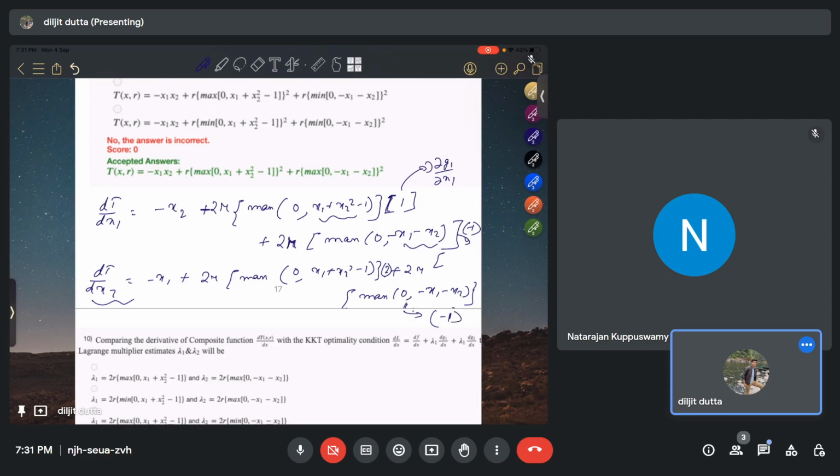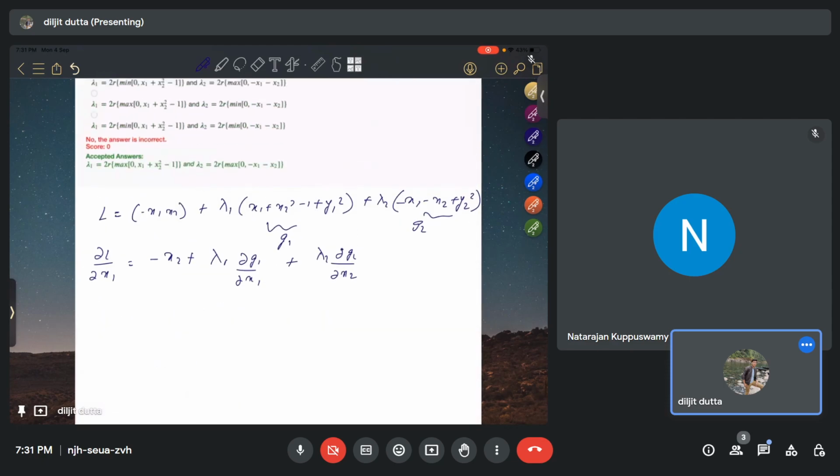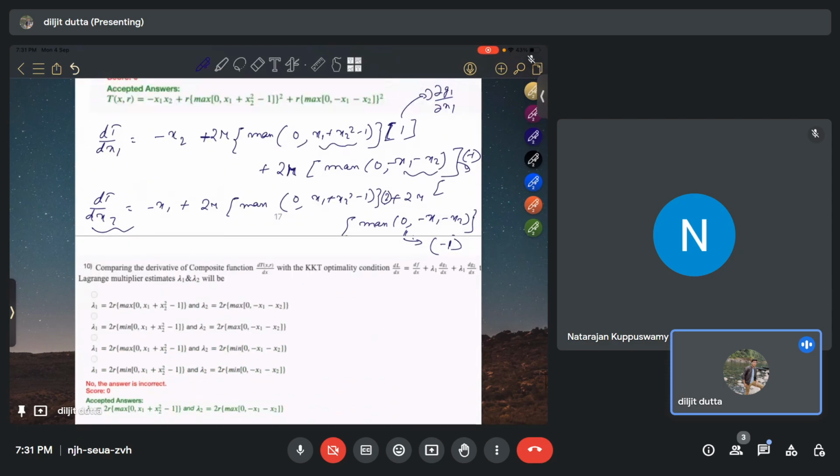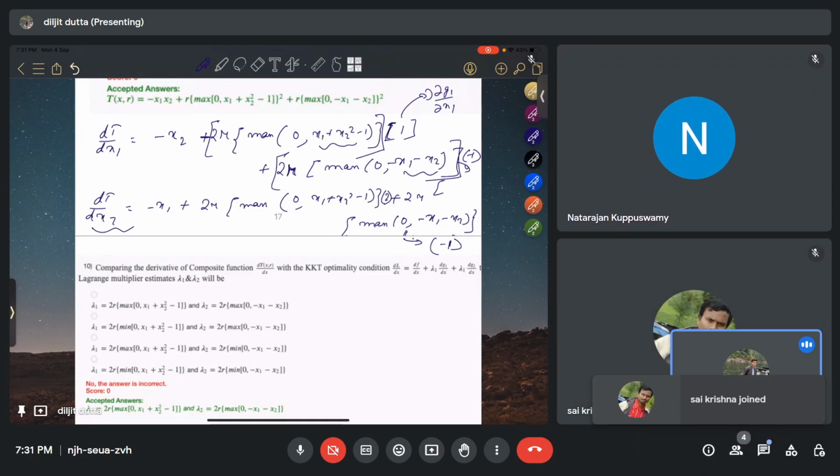So this is how we compare. So lambda 1 will be what? Lambda 1 will be this part. If you compare these two equations, this part is lambda 1 and this part is lambda 2. What remains outside is the 1 and minus 1 that comes due to the derivative of this g part, that is x1 plus x2 square minus 1 with respect to x1, and again minus x1 minus x2 with respect to x1.